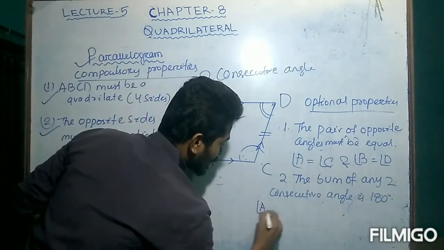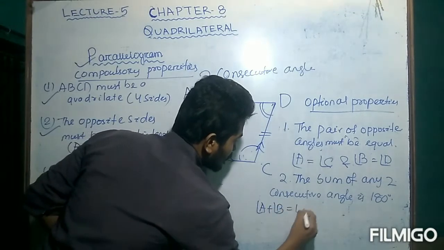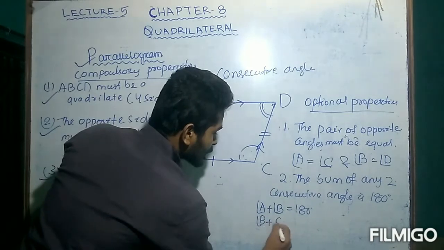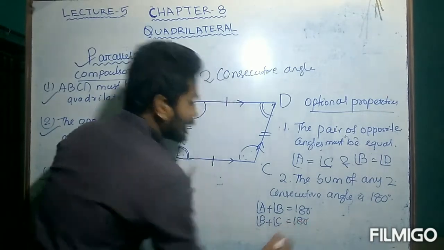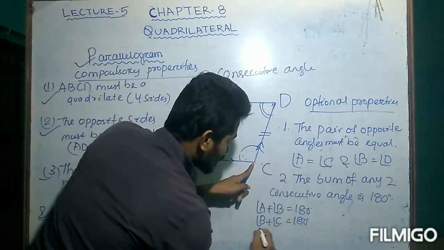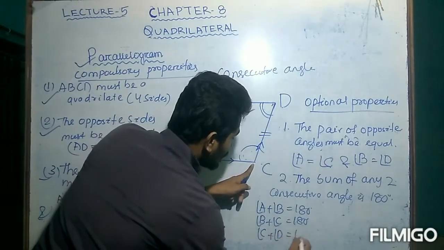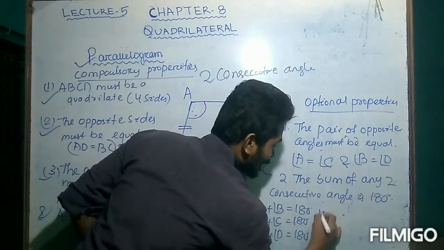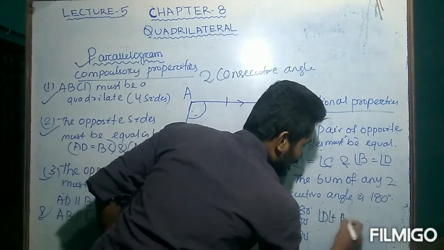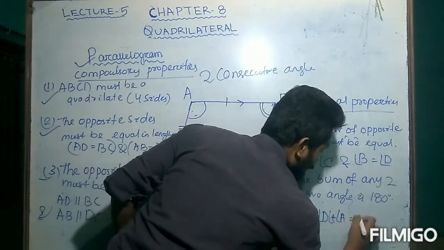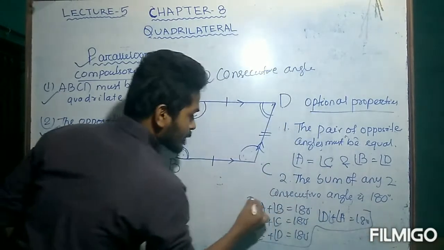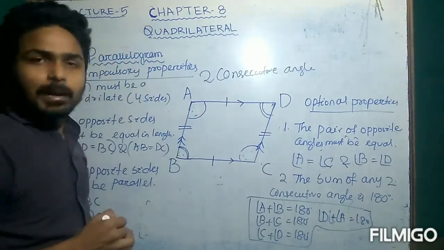Here you can write A plus B is equal to 180. B and C are consecutive, so B plus C is equal to 180. C and D are consecutive, so C plus D is equal to 180. D and A are consecutive, so D plus A is equal to 180 degrees. So these four conditions must be satisfied by the parallelogram.